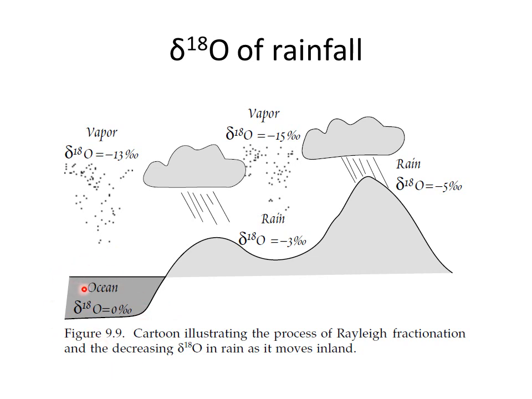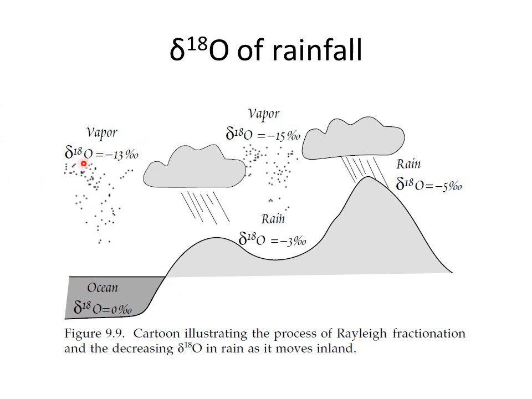So you evaporate water from the ocean, and that forms water vapor over the ocean, and that's lighter. It's enriched in the light isotope, so the delta 18O is negative. It's got more oxygen 16 than oxygen 18 than it would have if it was in the ocean.